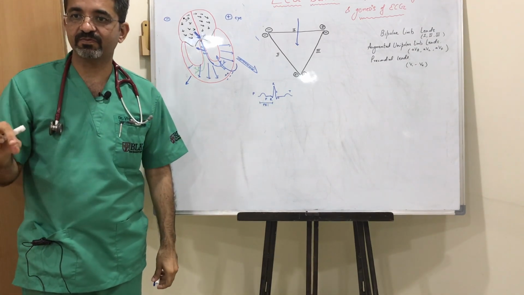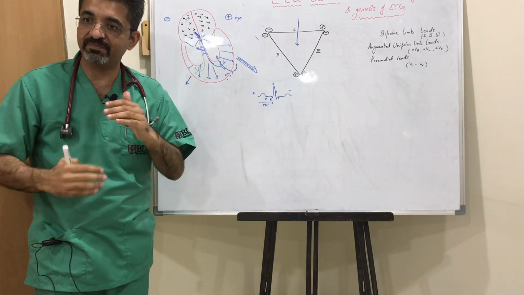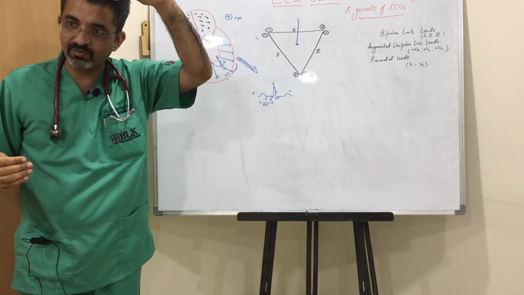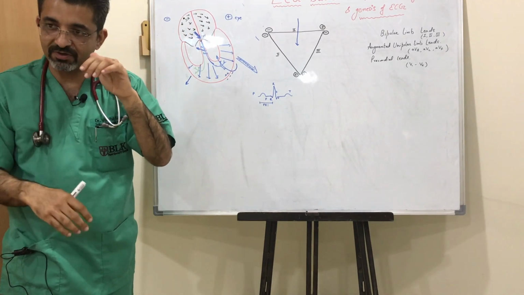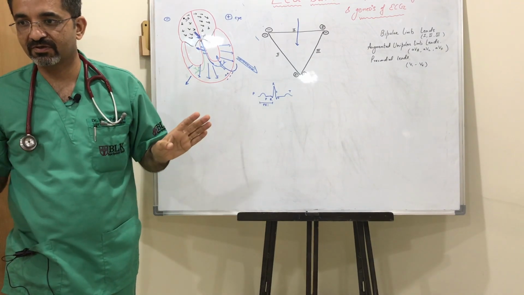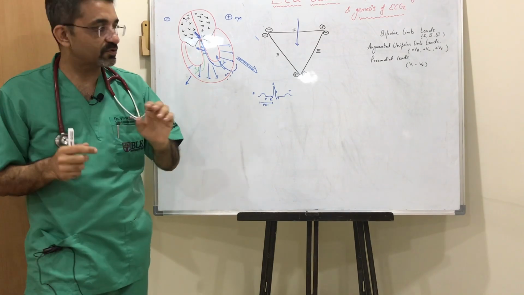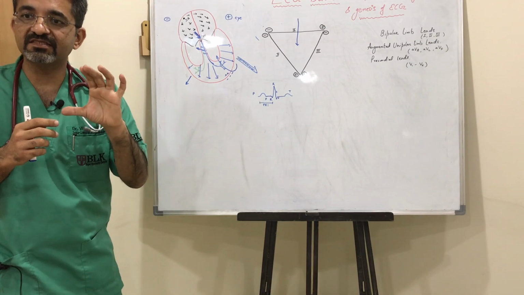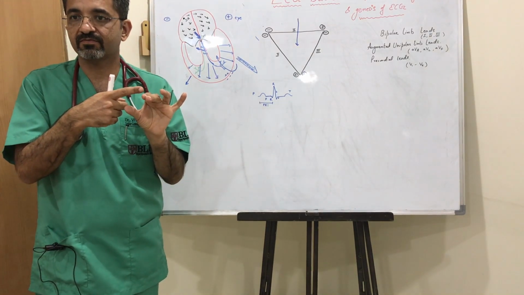So ECG machines are smart. If the movement of charge is perpendicular to the axis of your lead, the moment it goes towards the axis, the charge is positive. The moment it goes down, it is negative. So it cancels out, and you may not find a P wave. So deflections depend upon the intensity in millivolts plus the direction towards the lead. Getting the point?